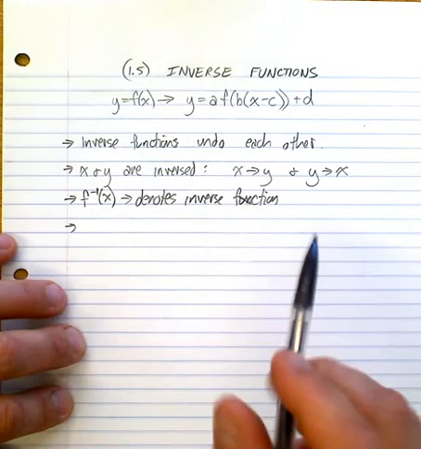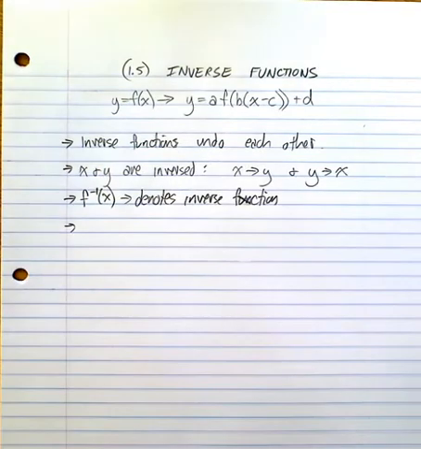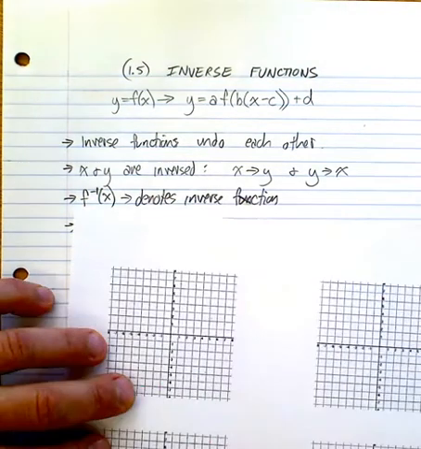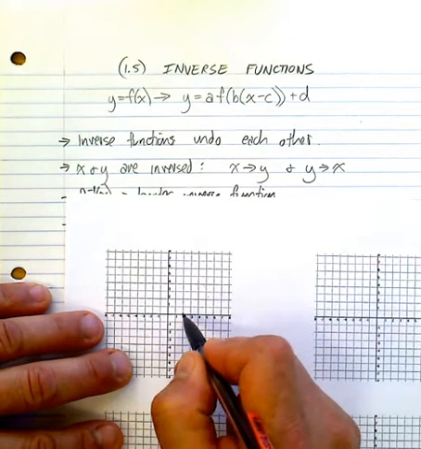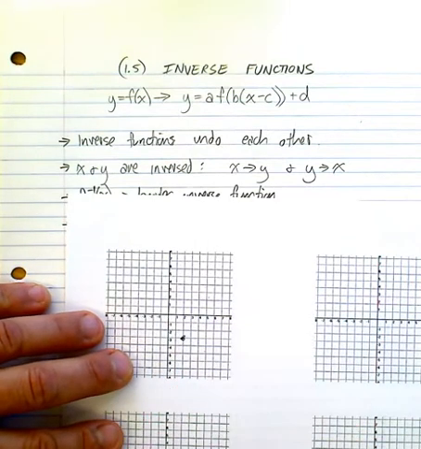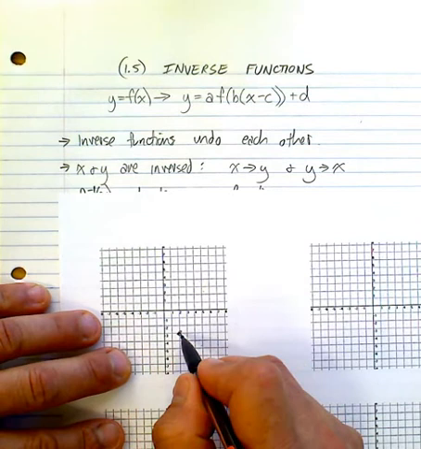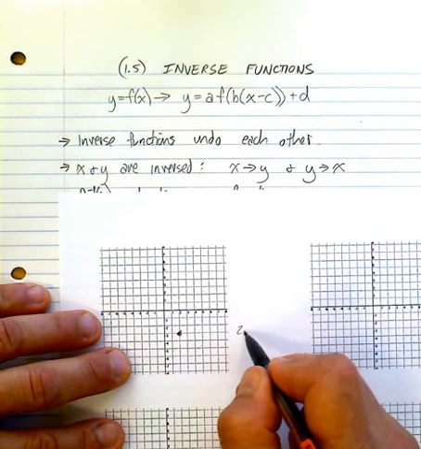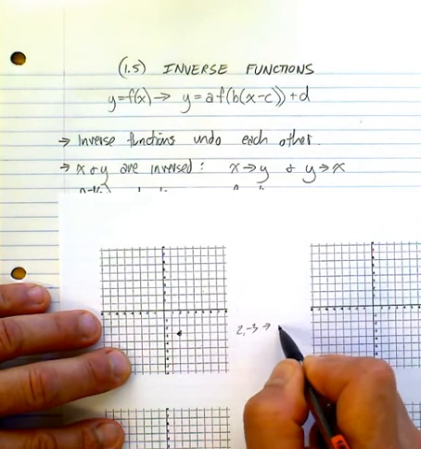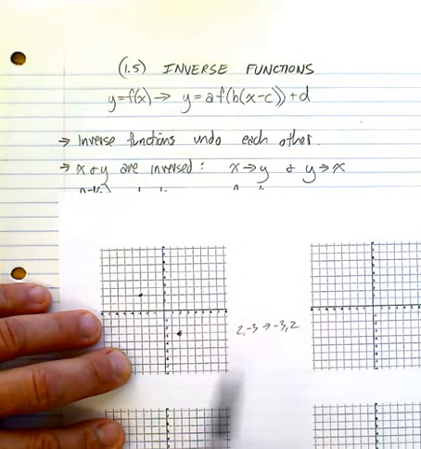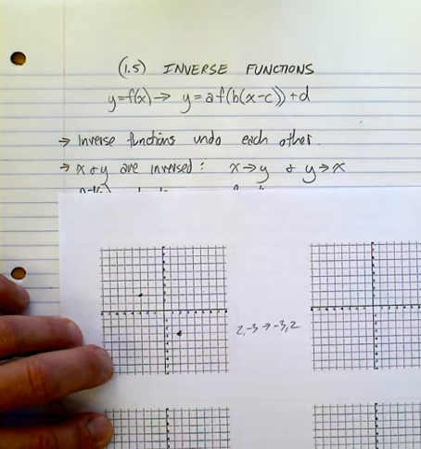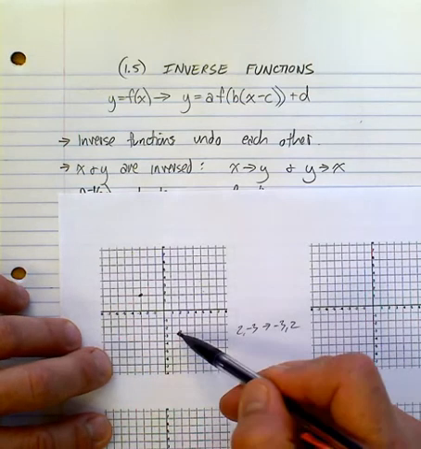Let's have another look. Since your x becomes y and your y becomes x, think about what happens on a graph. Okay, let's use this point that we were talking about before. If I have (2, -3) on f of x, if you inverse it, (2, -3) becomes (-3, 2). Now you can see that this is a reflection, but over what line, right?